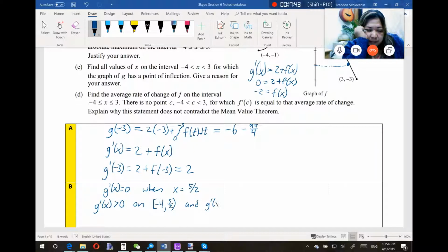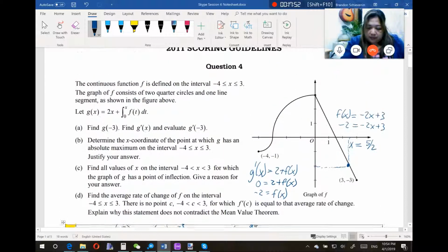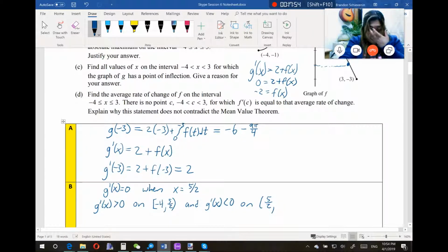And g prime at x is less than 0 on the interval 5 over 2, not included because it was 0, all the way till the end of our graph at 3. So we have a relative maximum for sure.